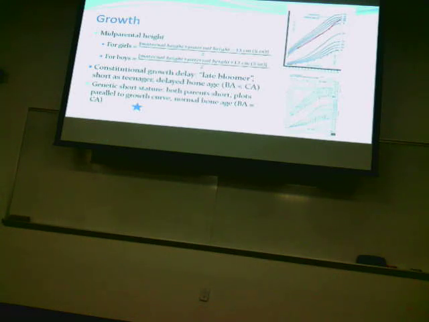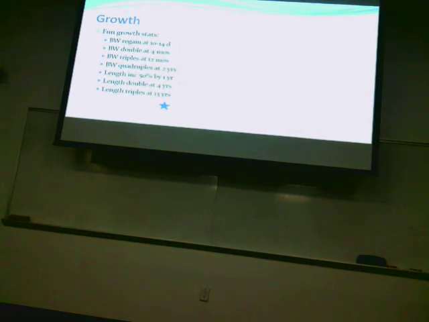For genetic short stature, both parents are short, and their plots are going to be parallel to the growth curve, like here. They're just going to be on their own lower growth curve, around the 5th or 3rd percentile. So these are some fun growth stats, not that fun. You just kind of want to know these, and you know them through experience.